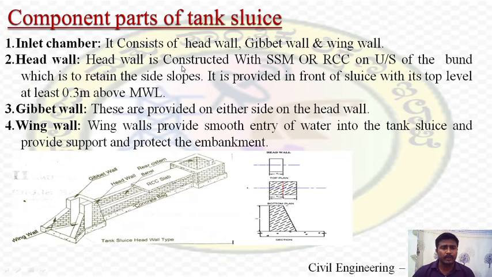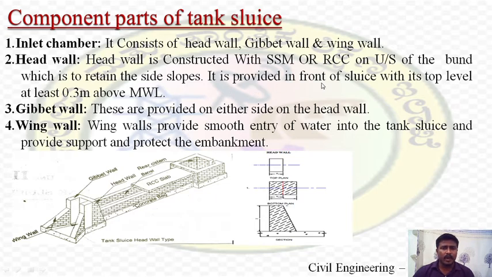The edge wall should be constructed with size stone masonry or RCC on the upstream side of a bund. Here there is a bund, this is upstream and this is downstream. So the edge wall should be constructed on the upstream side of the bund.